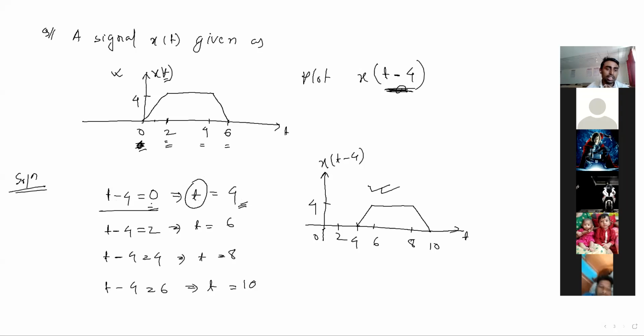Initially it starts at 0, but right now for x(t minus 4), our initial value will be 4 only. So it starts from 4. Like this for the other instances, t equal to 2, t equal to 4, t equal to 6, our values will come as 6, 8, 10. Like that, we are able to draw the signal.